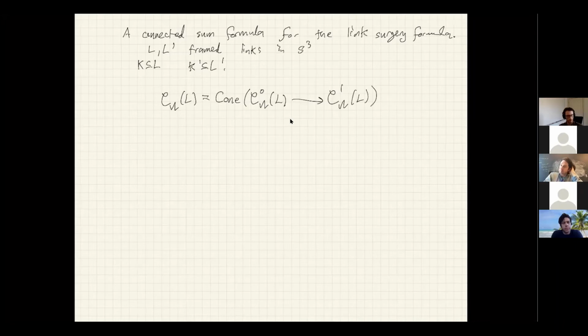Okay, and so what does this mean? Well, this is an L-dimensional cube, and what these terms are is L-1 dimensional cubes.